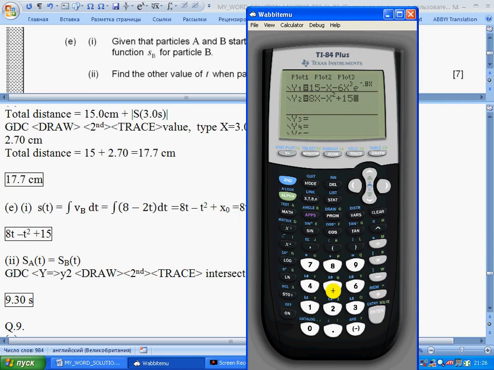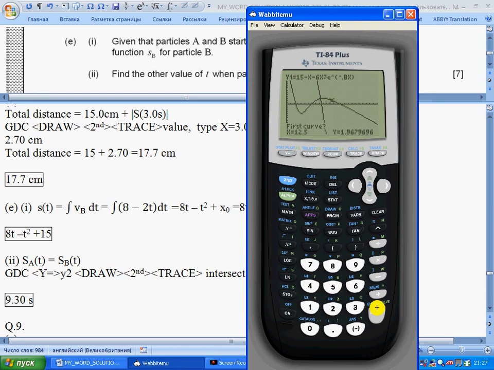And let us see when these two graphs intersect. One graph we already have, and another graph. Okay, so is it finished? Not finished? Okay, let's wait. Finished. Now second trace, intersection.